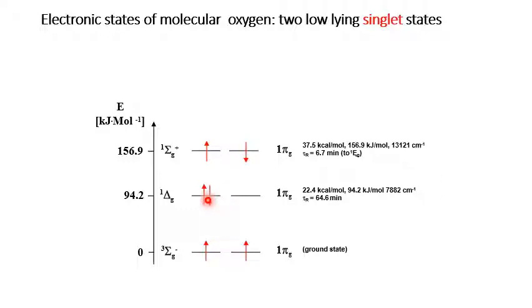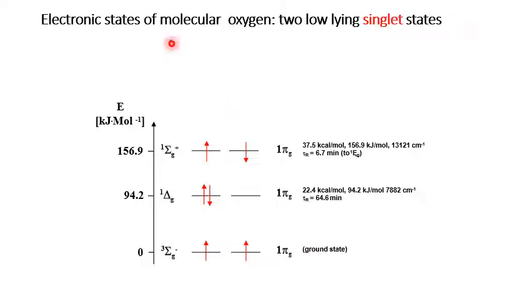This is a singlet state. And higher than that, there is another electronic state available for oxygen, where two electrons lie in two orbitals of the same energy level but have opposite spin. Here also the spin value is 0 and the spin multiplicity is 1. This is a singlet state, and it is 37.5 kilocalories more energetic than the ground state.